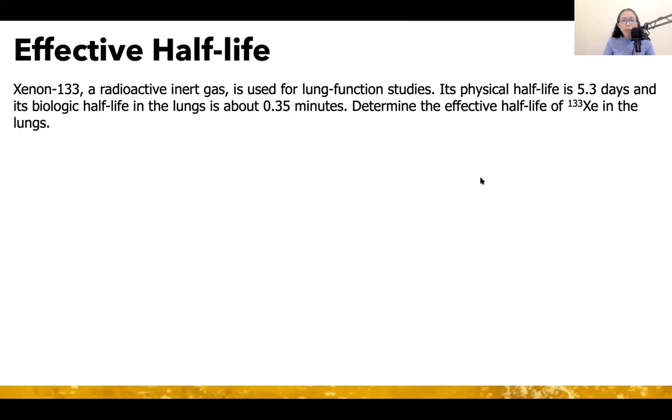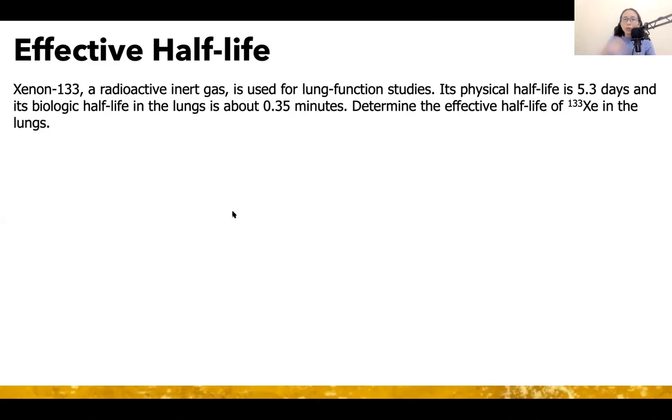So please try to practice solving the problems at the end of the chapters. I used chapters 2 to 5, I think, if I'm not mistaken. In other chapters, you will see more specific radionuclides used in specific contexts in nuclear medicine.